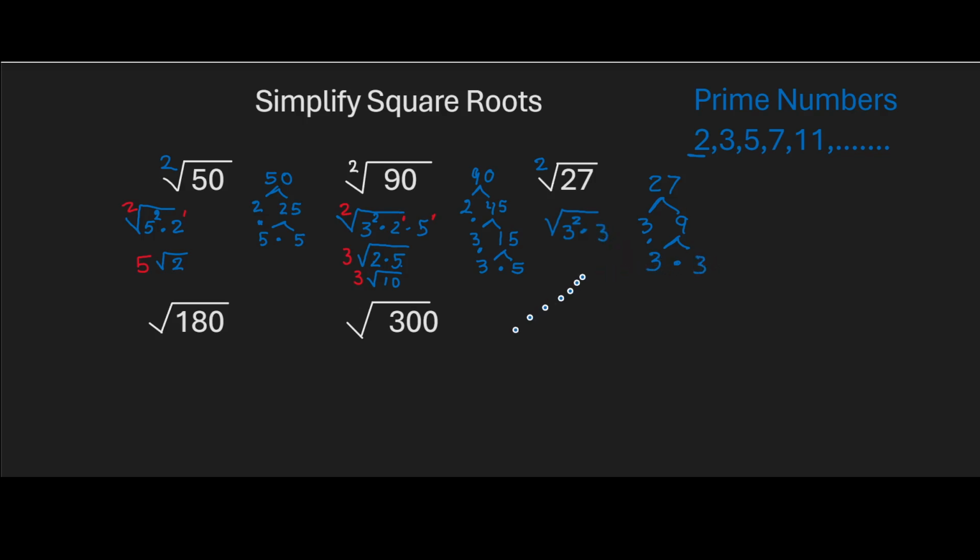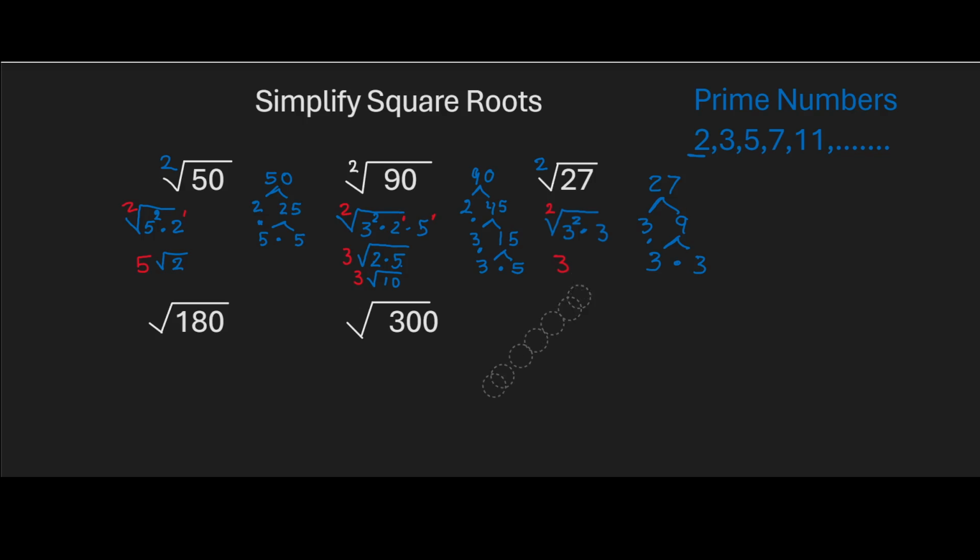The reason I want to write it that way is because the number outside is 2. And if I can divide this exponent by 2, then the square is going to cancel the square root. And this number 3 is going to be outside the square root because they both cancel each other. When you divide 2 by 2, you get 1, but we're never going to write the 1.